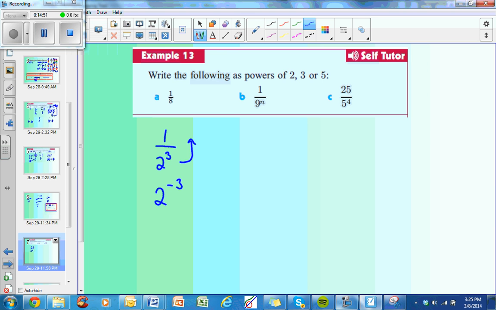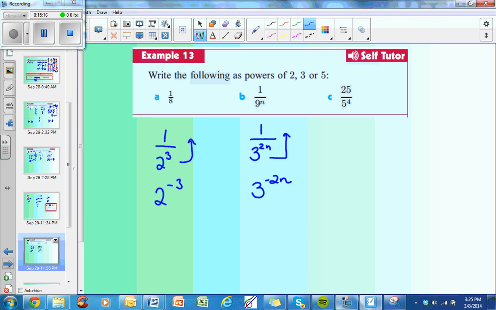I'm kind of doing the reverse of what we did before. With this one, 1 divided by 9 to the power of n. 9 is 3 squared to the power of n. Again, if I want to take this out of the denominator, I want to flip it over, I just have to change the sign of the exponents.